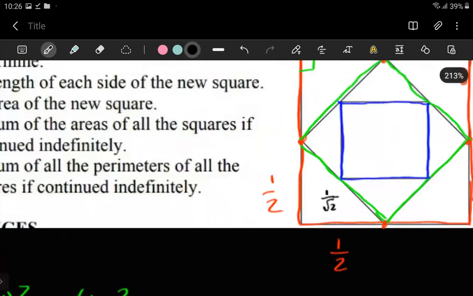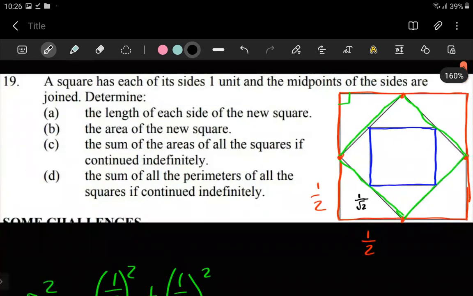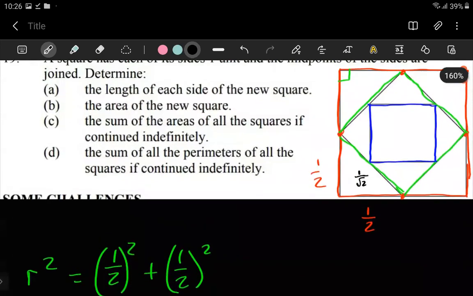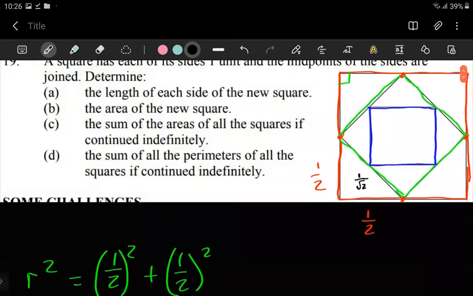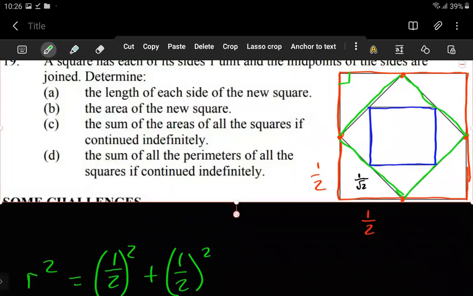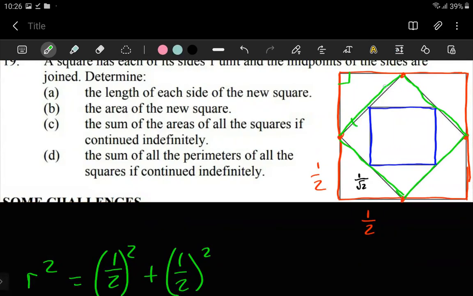You can see it, right? So if all of these are like 1 over square root of 2, what is the length of this and this? You add it: 1 over square root 2 plus 1 over square root 2.